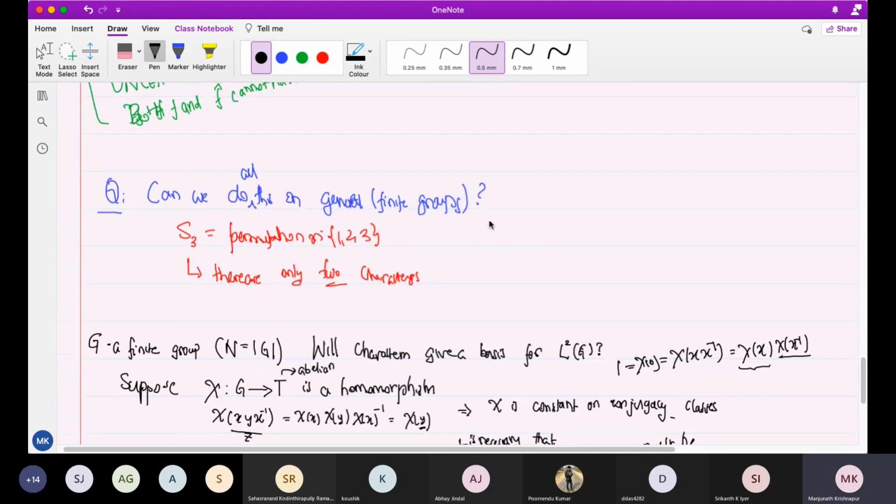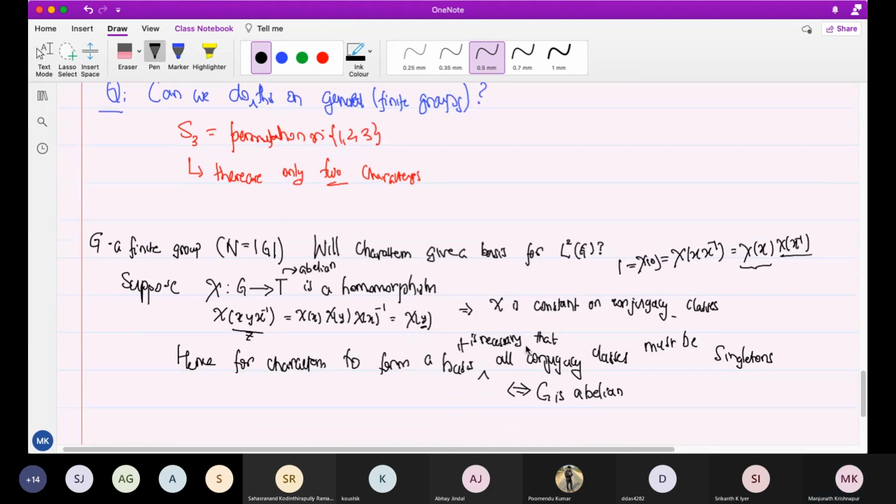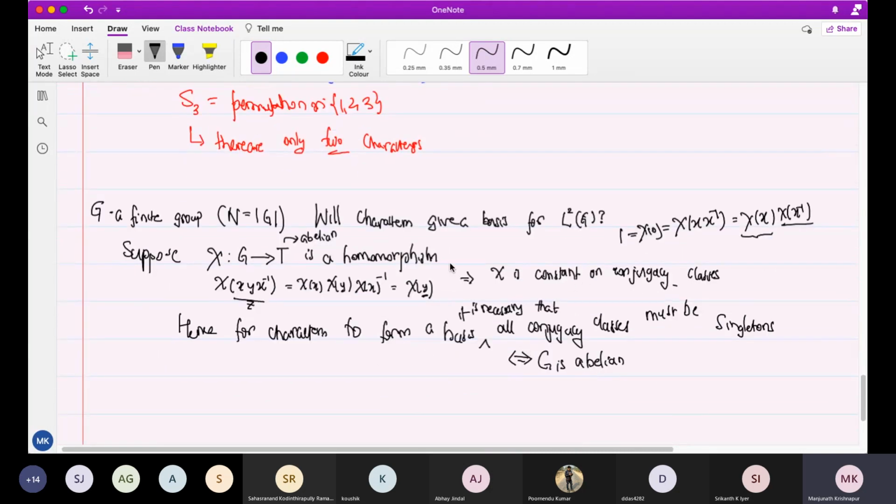That also answers the case of S3, but what you may expect is, can I have the number of characters equal to the dimension of the span? So another way to say it, as a corollary, is that the dimension of the span of all the characters is less than or equal to the number of conjugacy classes.